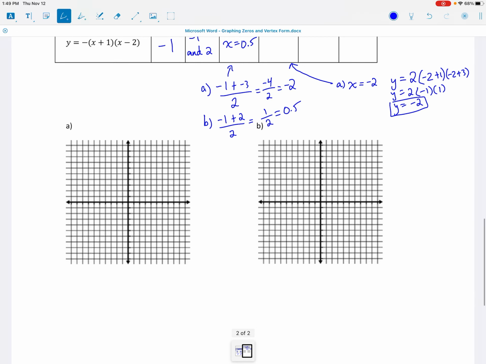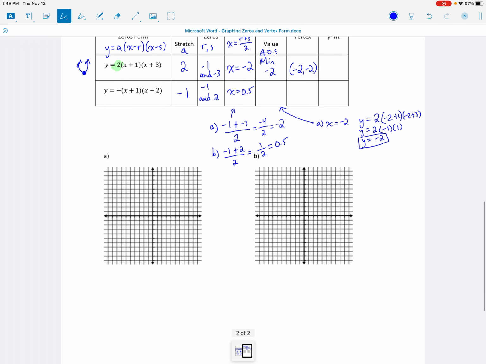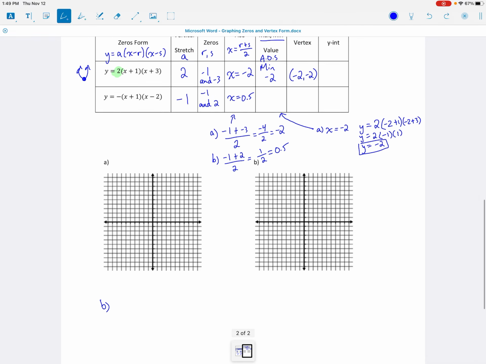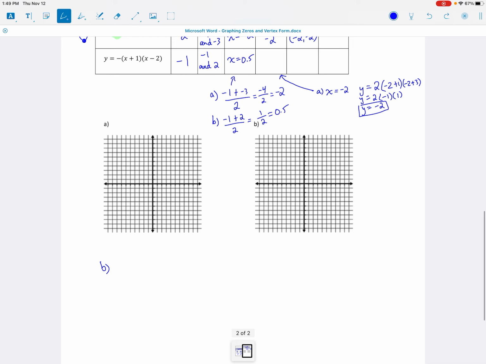I'll write down the second one up below there. So we'll continue down here, B. So we're going to solve for this spot here. So how do we find that max or min value? Again, we plug in the axis of symmetry. So axis of symmetry is x equals 0.5. So that gives us y equals negative, 0.5 plus 1, 0.5 minus 2.